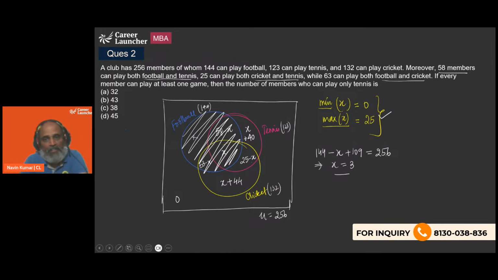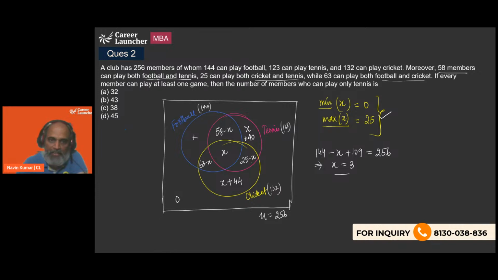So 253, and then we will have... is it 253? Hold on, let's just verify this. We have 123: 58 plus 25 is 83, and 83 plus 40 is 123.